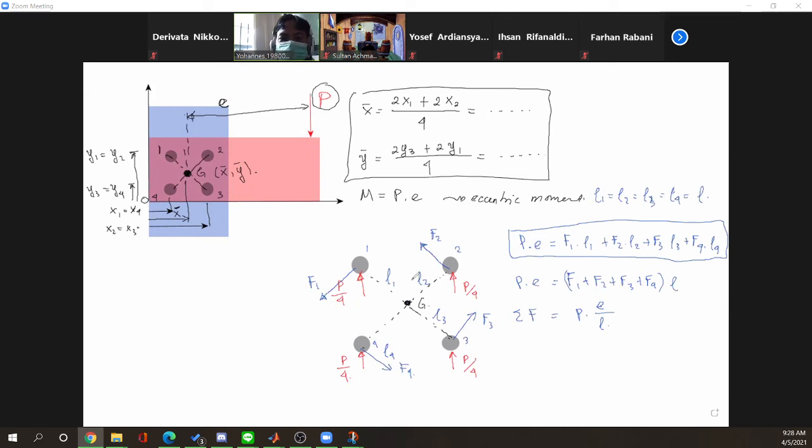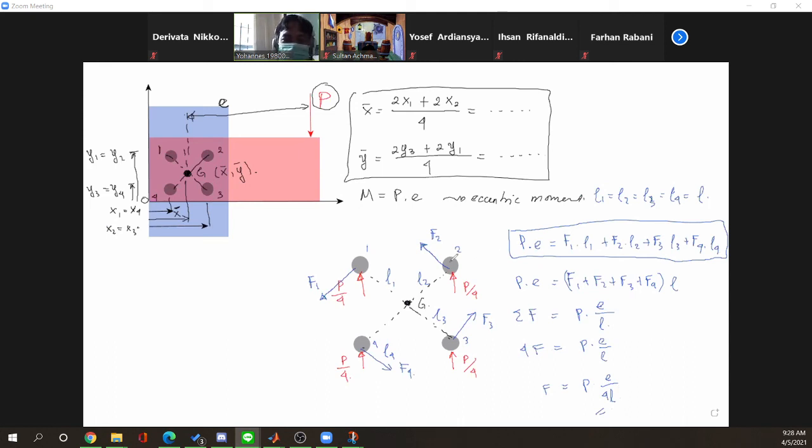If F is equal also, then here we have for F, then we can calculate F1, F2 until F4 is something like this.